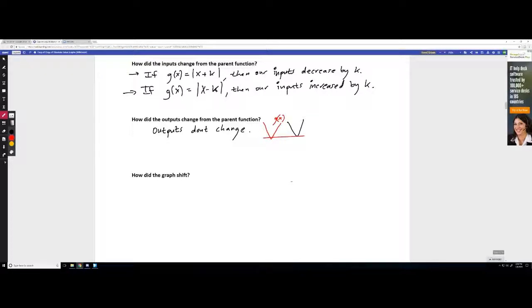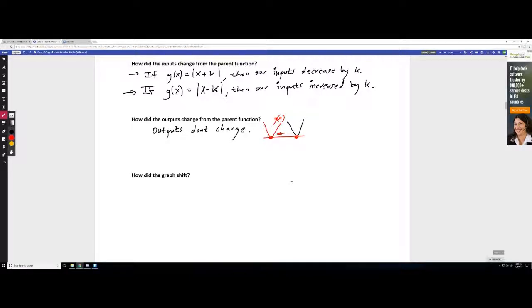But the vertex is still at the same height. It didn't go up. It just shifted to the left. All right, that's what I'm talking about. So the inputs changed, the x values changed, but not the outputs. All right. So how the graphs shift?